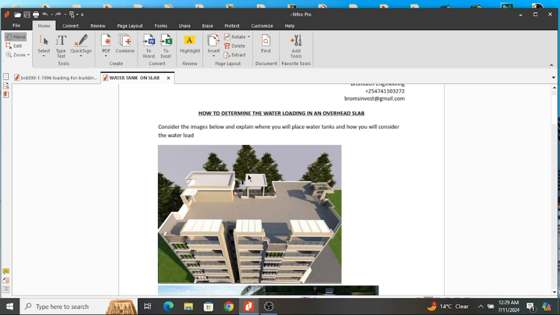Sometimes this water can become insufficient, and the developer might want to place another tank anywhere on this terrace. Is that right? If the slab or that section has not been designed for a water tank, then you are risking as a developer because that section is not sufficient to carry that water load.